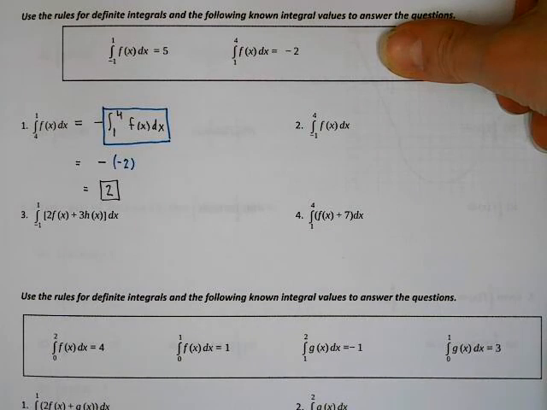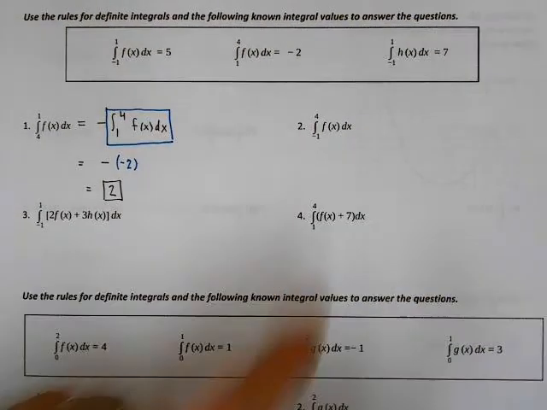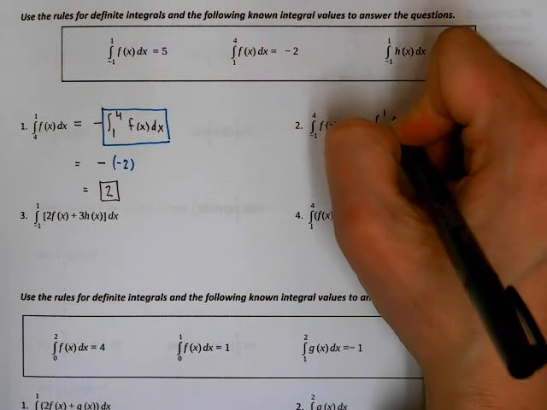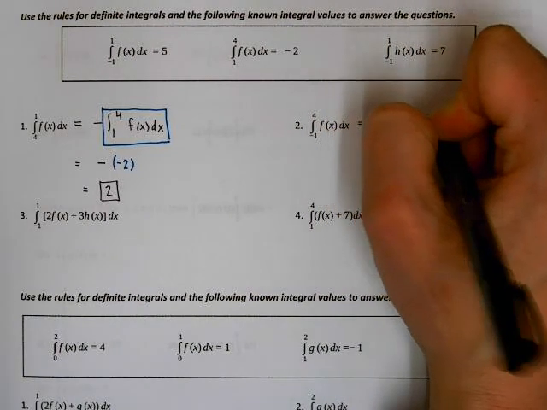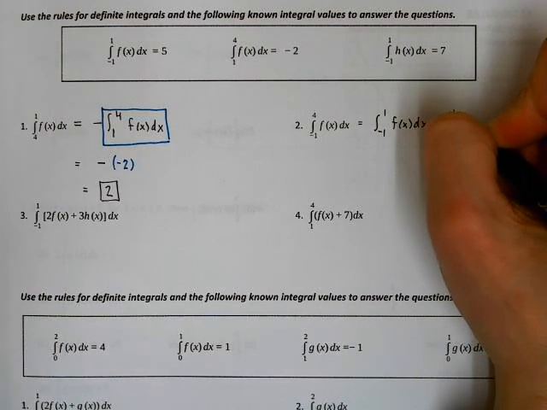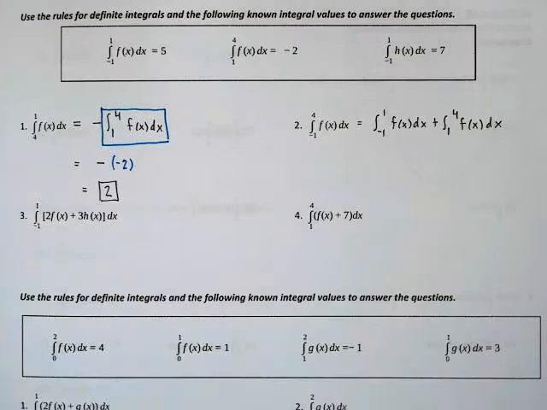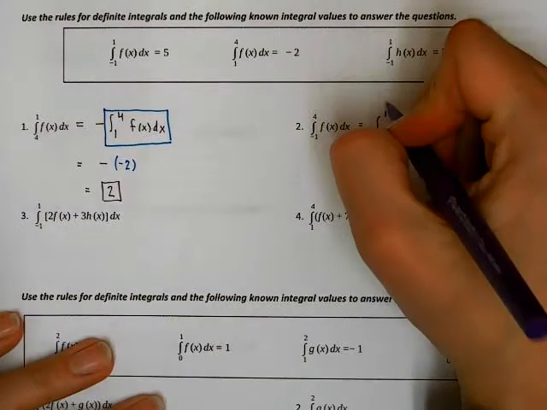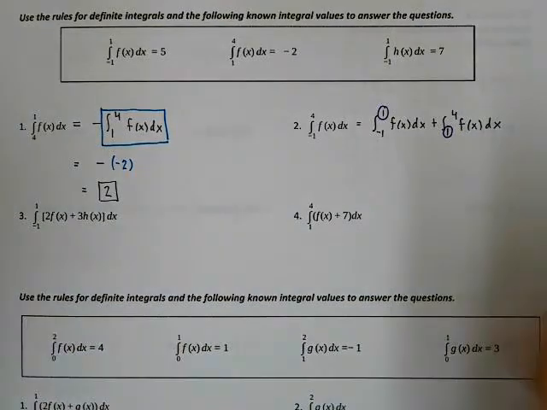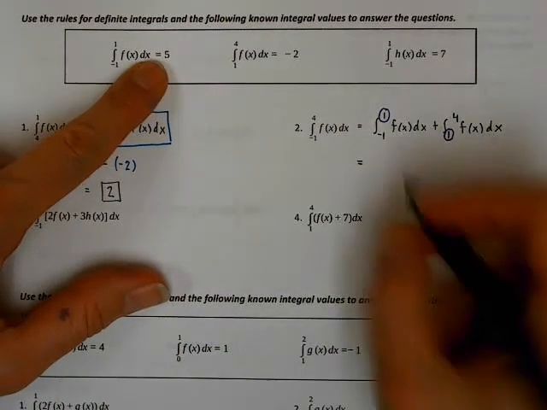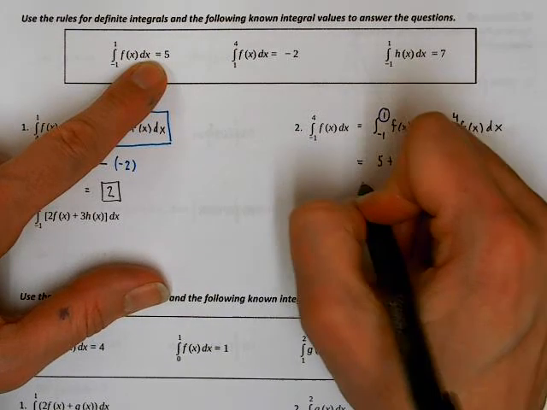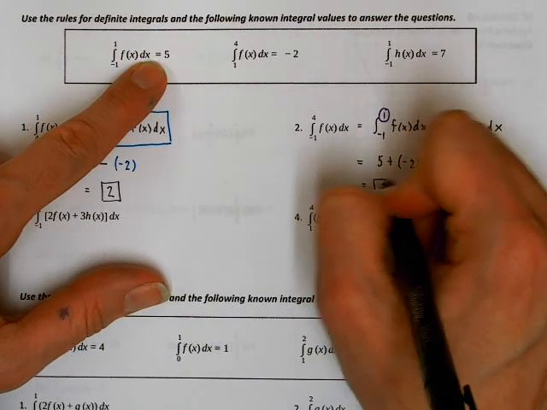Using my addition rule, this integral is equal to the integral from -1 to 1 of f of x dx plus the integral from 1 to 4 of f of x dx. That works because this upper bound matches this lower bound. Now I can add those known values together. I have 5 plus a -2, which is going to give me 3.